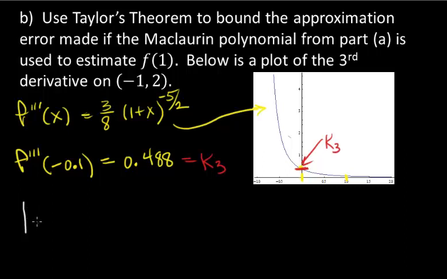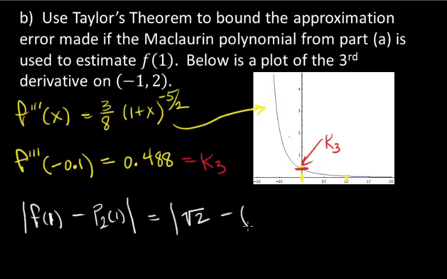So, well, let me write. It's f of 1 minus p2 of 1. That would be the error. And f of 1, that's the square root of 1 plus 1, minus p2 of 1 is 1.5 minus an eighth.